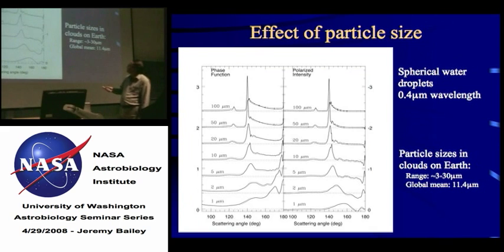And one of the things you can see is that as you get down to small particles, you start to see this feature at around 180 degrees scattering angle, which is actually a related optical phenomenon called the glory, which occurs at this angle.